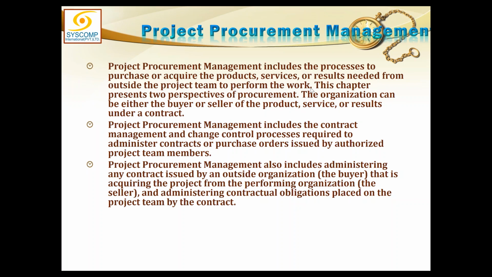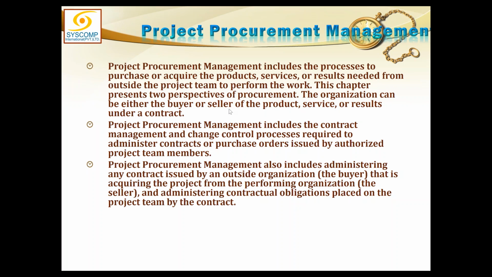Now, outside of the project team, why? Because we have decided in the make or buy decision that we cannot do it ourselves or we should not do it ourselves.